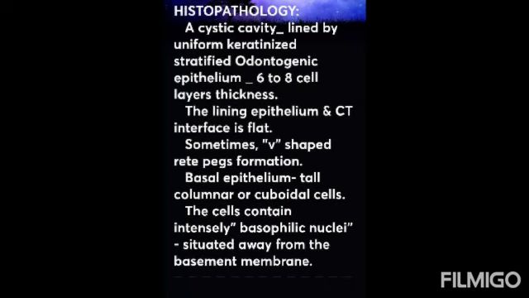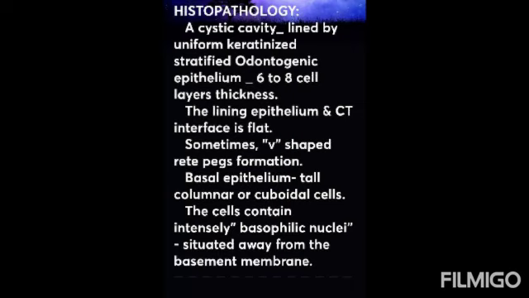Next, moving on to histopathology. The cystic cavity is lined by uniform keratinized stratified odontogenic epithelium that is 6 to 8 cell layers thick, and the lining epithelium and connective tissue interface is very flat, and sometimes there is V-shaped rete ridge formation, and acanthosis is also present.